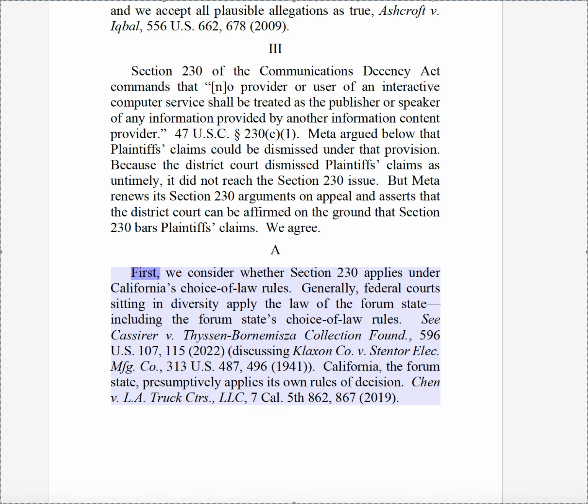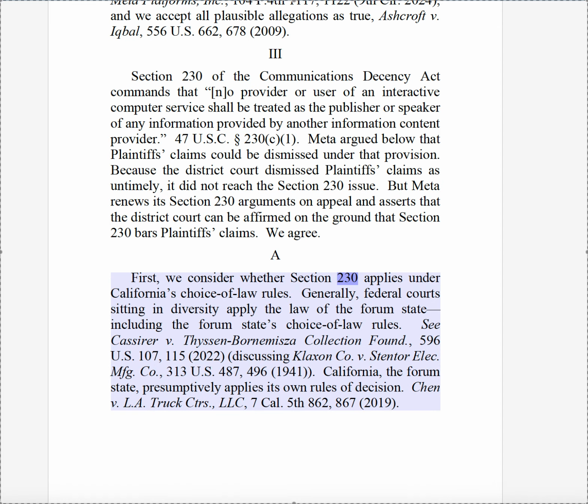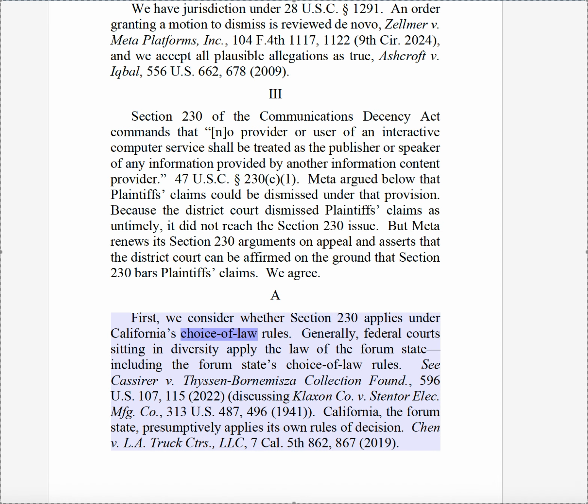A. First, we consider whether Section 230 applies under California's choice of law rules. Generally, federal courts sitting in diversity apply the law of the forum state, including the forum state's choice of law rules. See Kaiser v. Tissenbaum; 596 U.S. 107, 115, 2022, discussing Klaxon Company v.